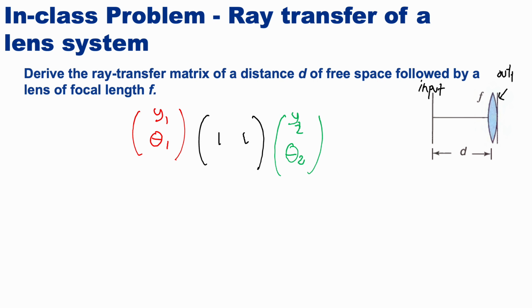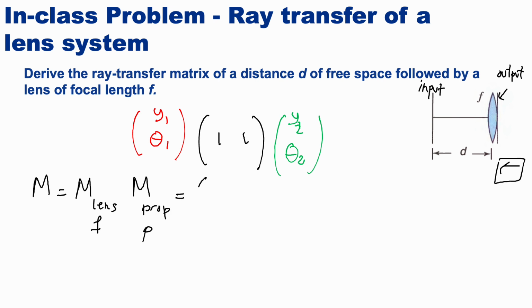So if I have my matrix, remember, we need to go from right to left. The closest element to the output is a lens of focal length f, and then we have a propagation of a distance d. The matrix for the lens is 1, 0, minus 1 over f, 1, just because it's a converging lens.